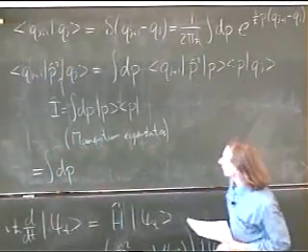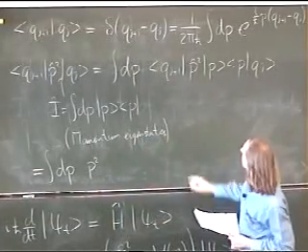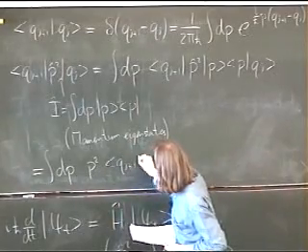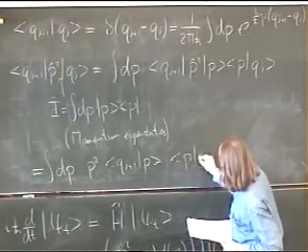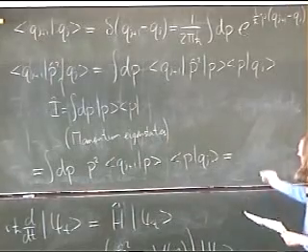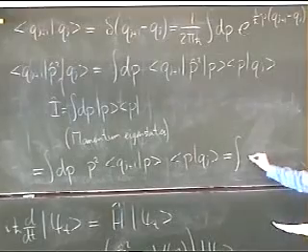Okay, so now this one just gives me a factor of p squared. And then I'll have the inner product of qj plus 1 with p, multiplied by the inner product of p with qj. Again, these are just exponentials.